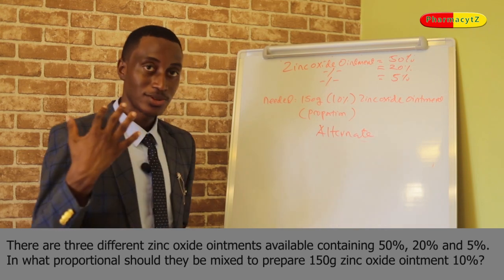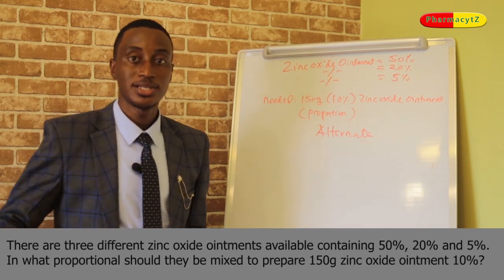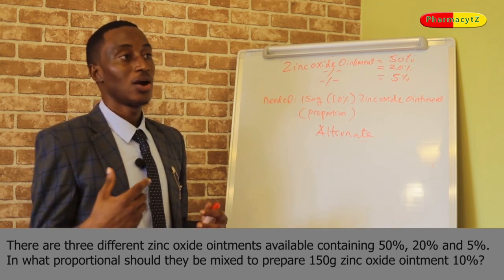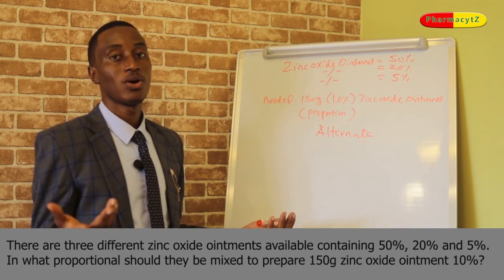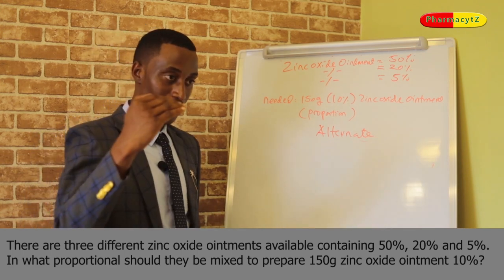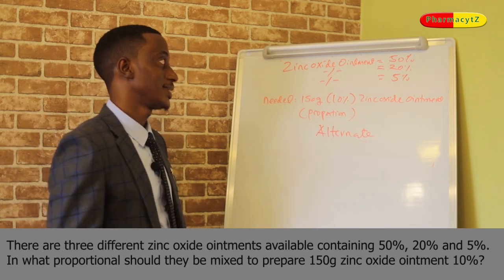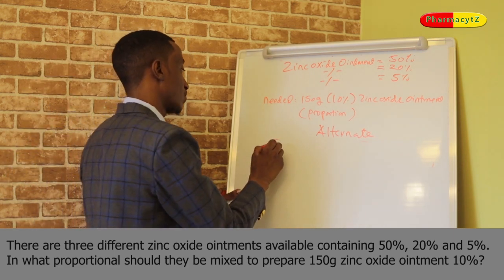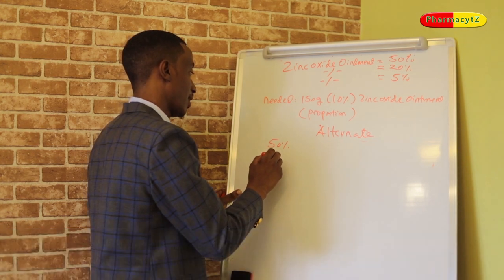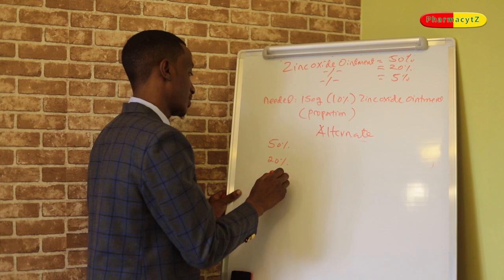In this sense, we have 3 stock amounts in the laboratory, not just 2. Remember, in alligation, we may have 2, 3 to 4 stock solutions to make one. So arrange them in order according to the principles of alternate. We need to have the highest concentration, which is 50, the second highest, and the lowest, which is 5.